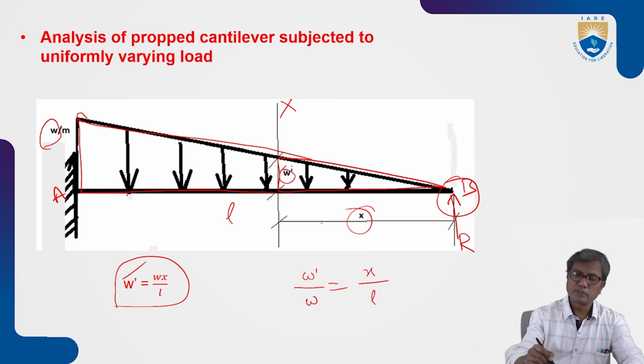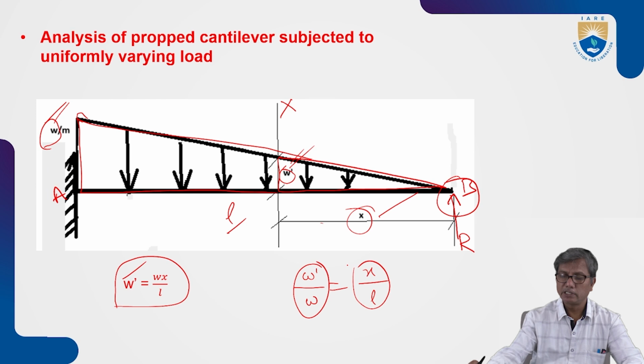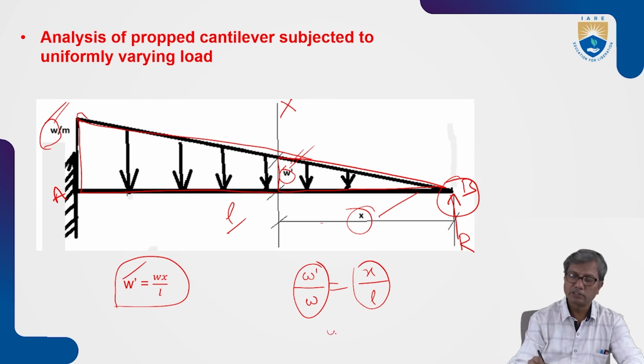Hence, the ratio of corresponding sides. Which sides are corresponding here? W dash corresponds to W, x corresponds to L. So the ratio of W dash by W is equal to x by L, or W dash is equal to W into x by L. That's what is taken here.